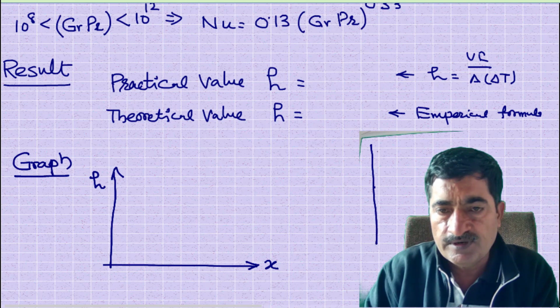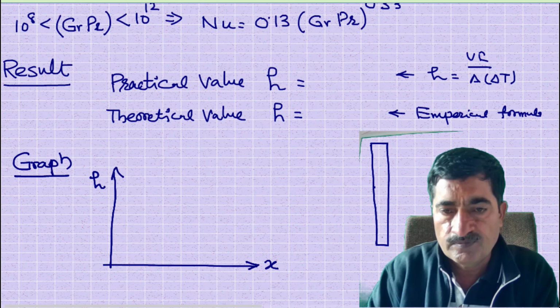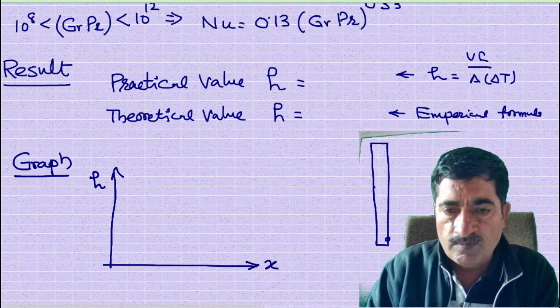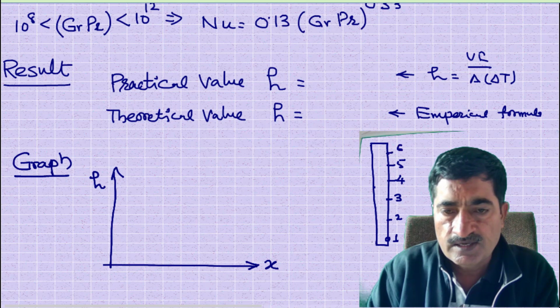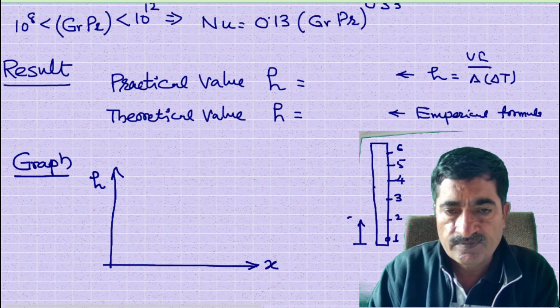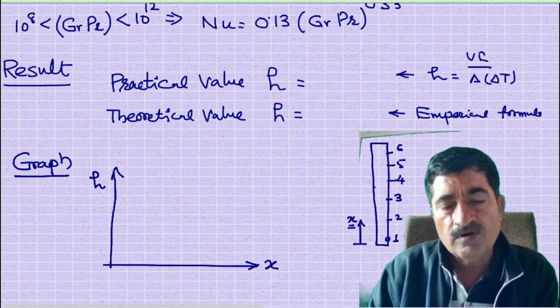This is the cylinder, thermocouple 1, 2, 3, 4, 5, 6, and this is the distance X from the bottom.